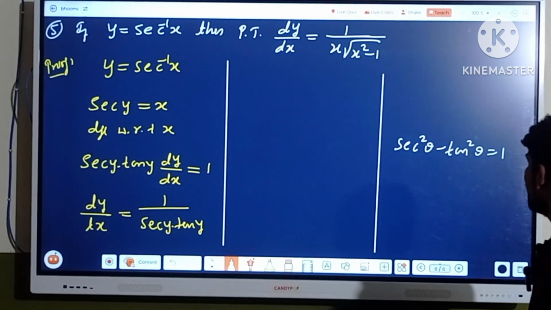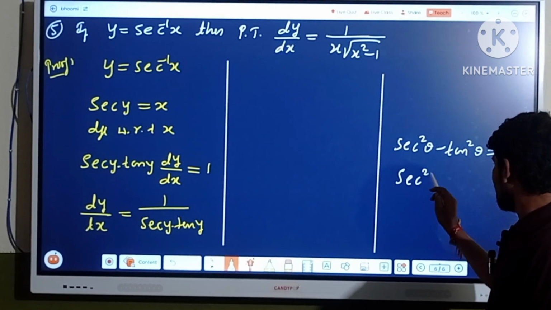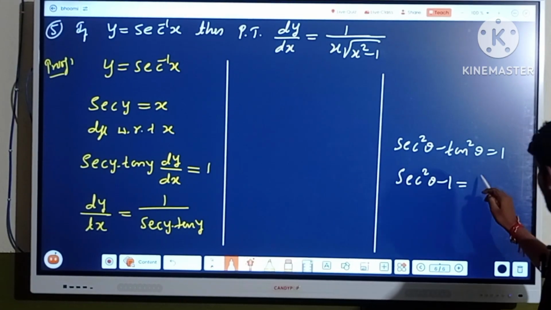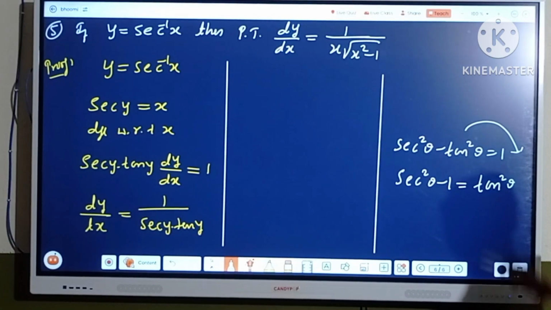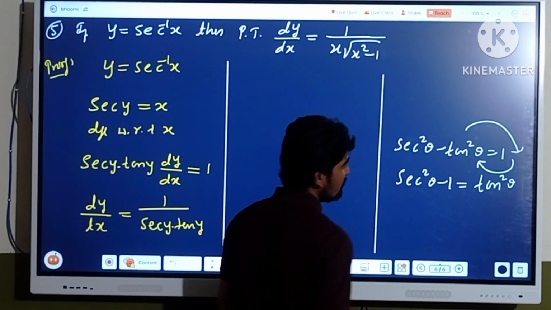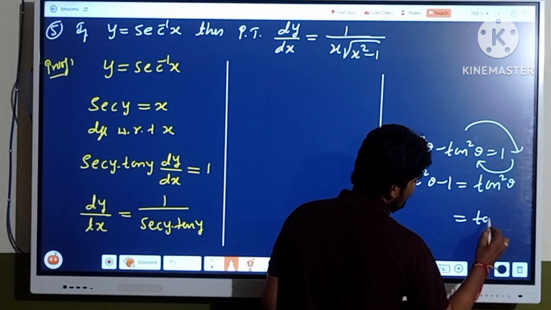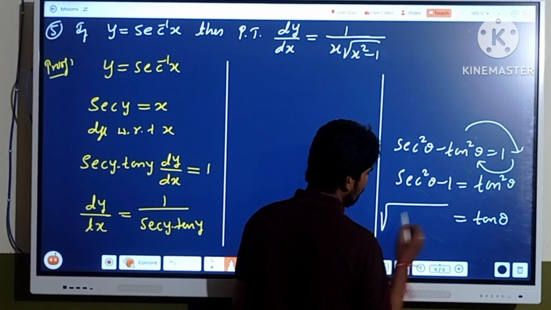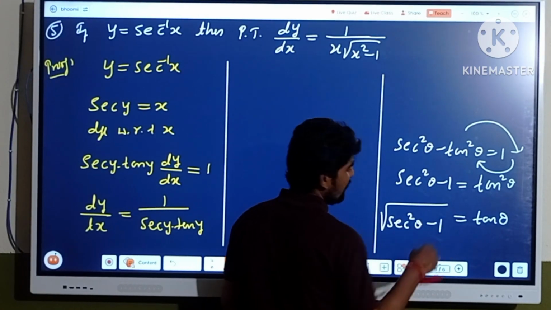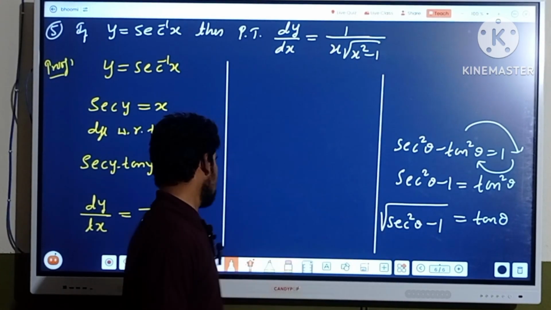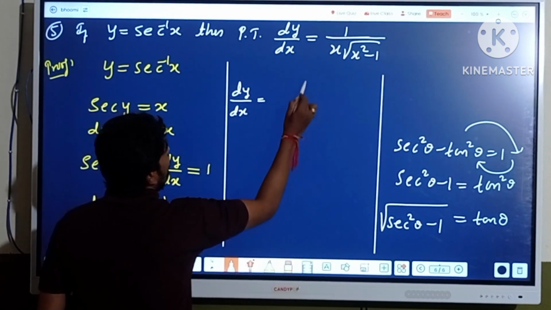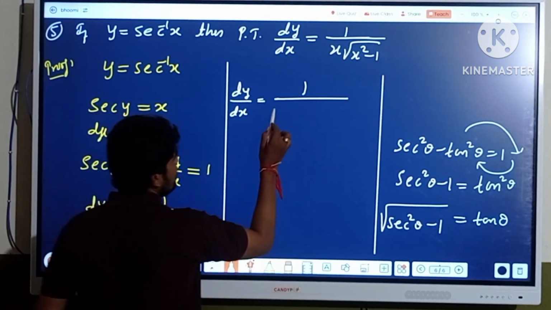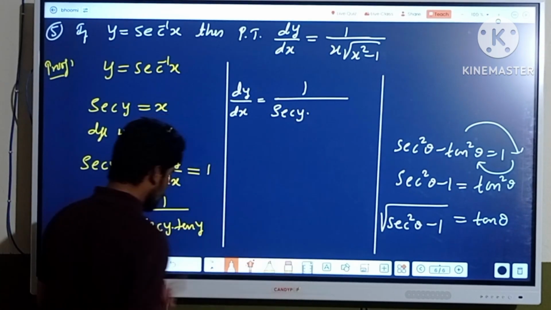So it means secant square theta minus 1 is definitely equal to tan square theta, by shifting this minus tan square theta towards the right side and 1 towards the left side. So if tan square theta is secant square theta minus 1, tan theta should be equal to the square root of secant square theta minus 1. So by using this identity, dy by dx is equal to 1 divided by secant y as it is into tan y.